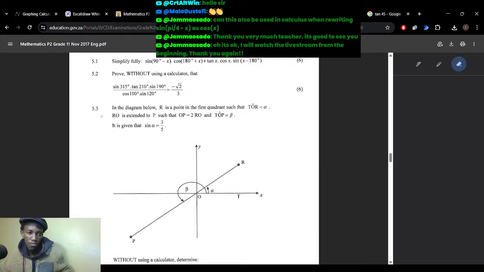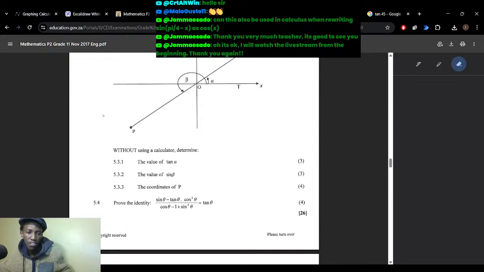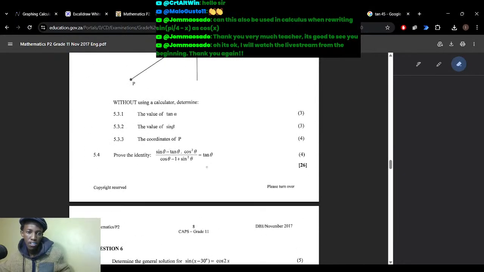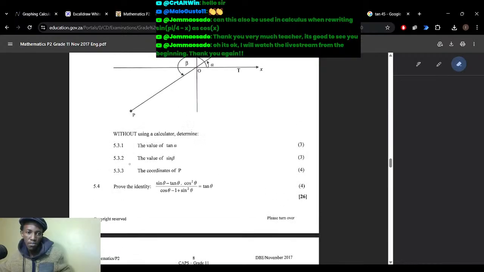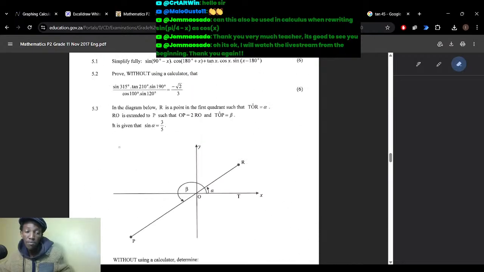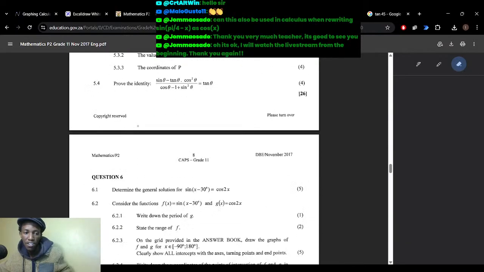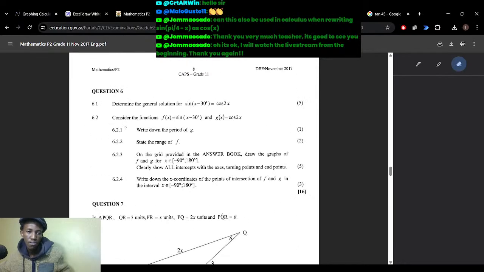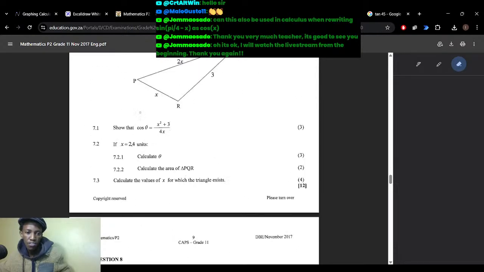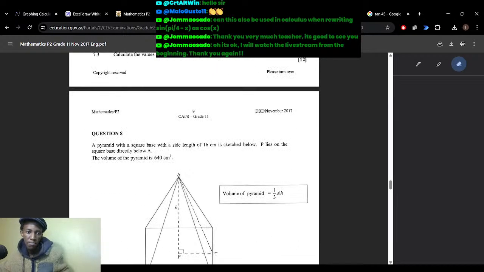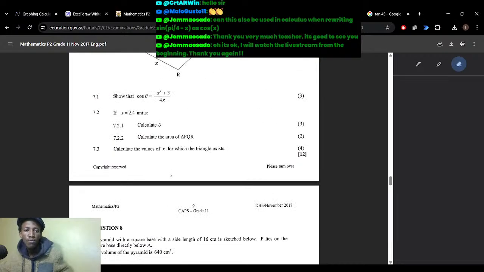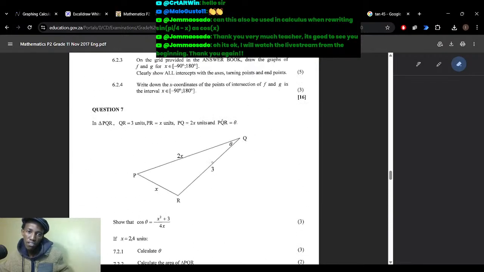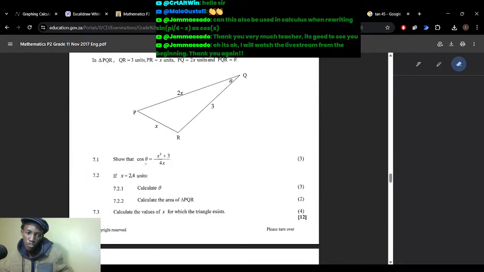For tomorrow's session, we're going to cover 5.3, and the remaining question 5, and we're going to do question 6 if we have time, and probably 7 too, because it includes cos theta, so it includes trigonometry.